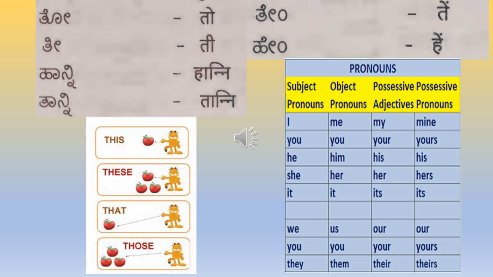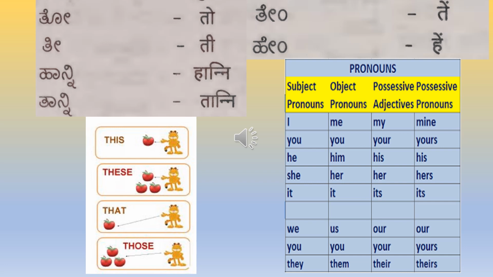Honey is these, as opposed to hai is this, singular. Hai, hai magal ghara, singular. Hai, honey plural. Honey kombe or tanni, those which are far.